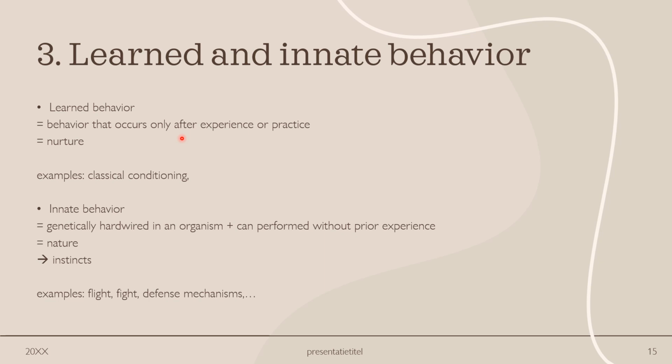So this is my last slide from the first lesson, so I will recapture it very fast. We have learned behavior and innate behavior. Learned behavior is your nurture behavior.